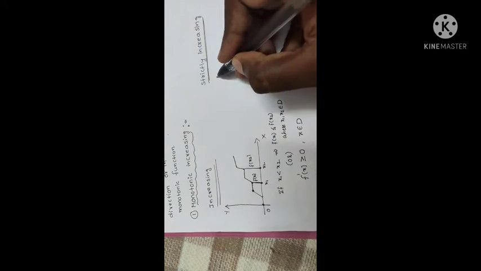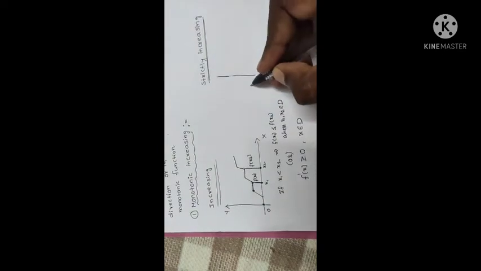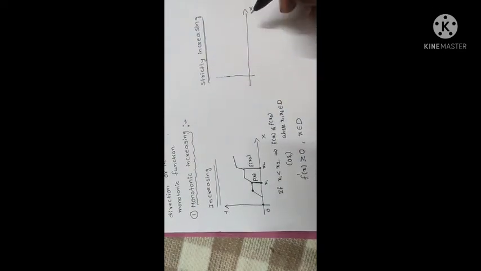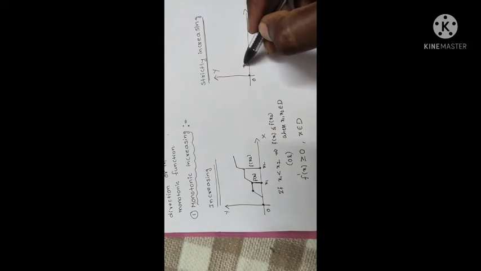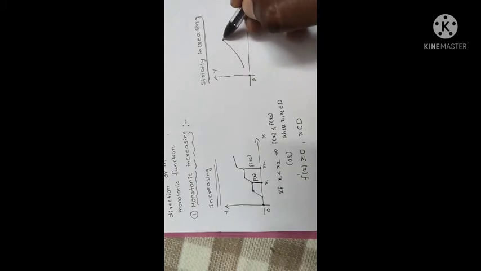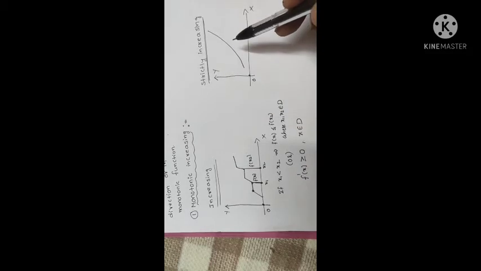Now what is meant by strictly increasing? Strictly increasing means the graph comes like this: x-axis, y-axis, 0. If you take the graph like this, it is continuously increasing, there is no deviation. But observe the earlier graph, in some portion it is flat; here it is not like that. It is continuously increasing.